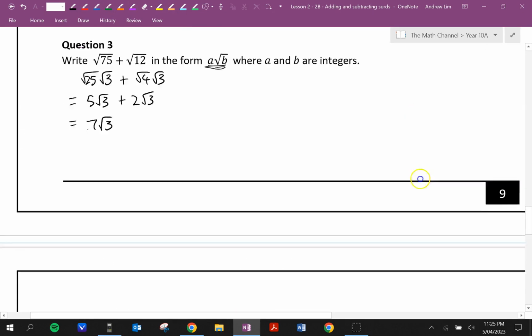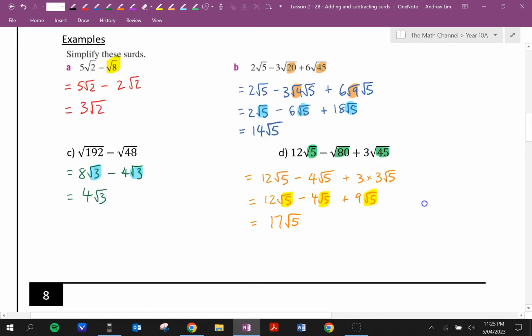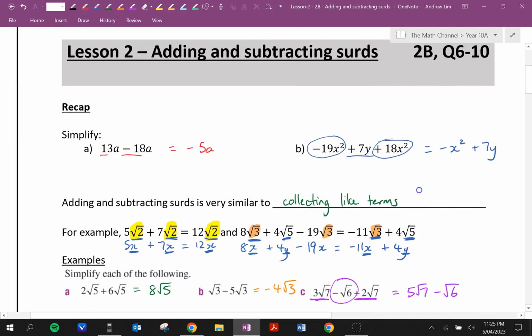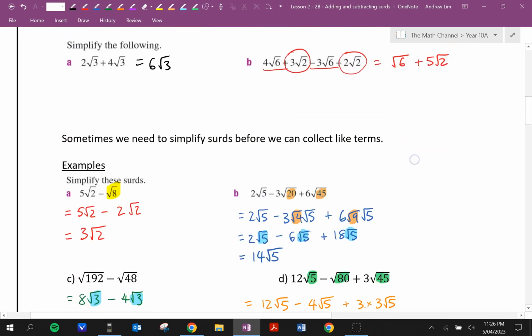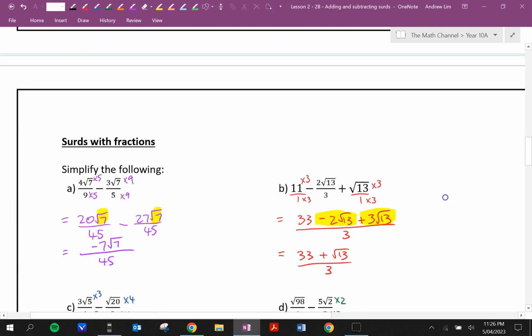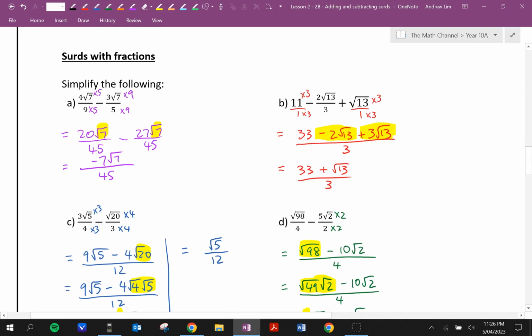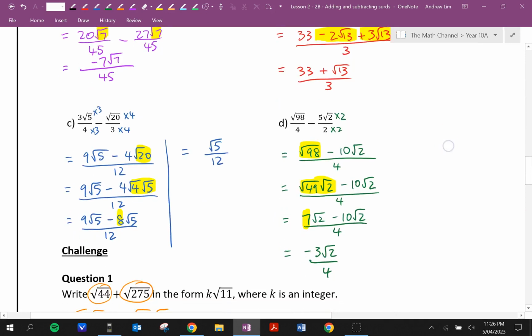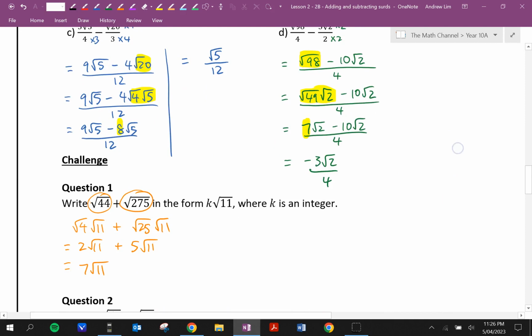So that's it for this video. We had a look at how to add and subtract surds. We need them to be like terms. If they're not like terms, we might need to simplify the surds so that we get like terms. We did it with fractions, where we need a common denominator when we add and subtract.